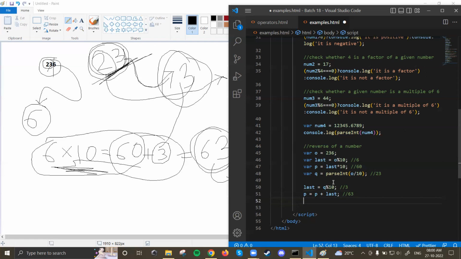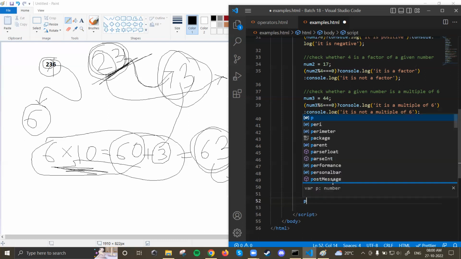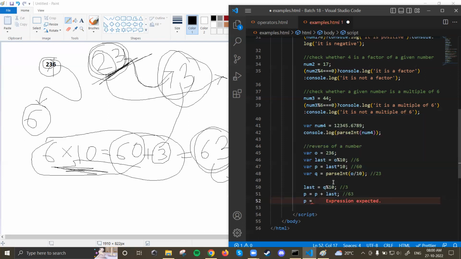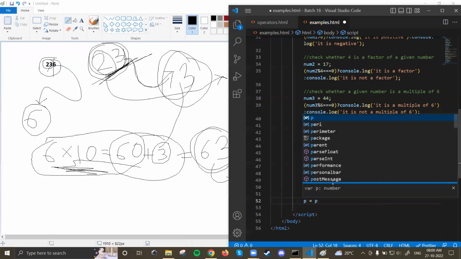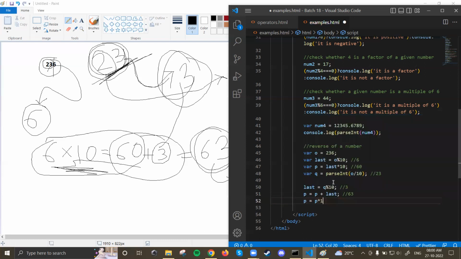So now I'm doing the P in 2 steps. P is equal to P into 10. That means I can directly do the 10 part here. P plus last into 10, so it will give us 630. P plus last we got, into 10, is 630.